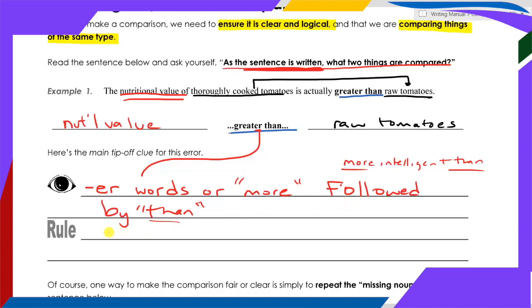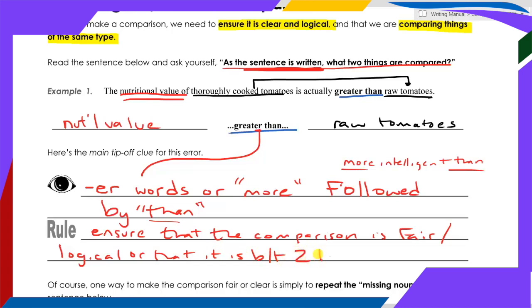Sorry, I'm just going to clean this up a little bit. So the rule is: ensure that the comparison is fair/logical, or that it is between two things of the same type.